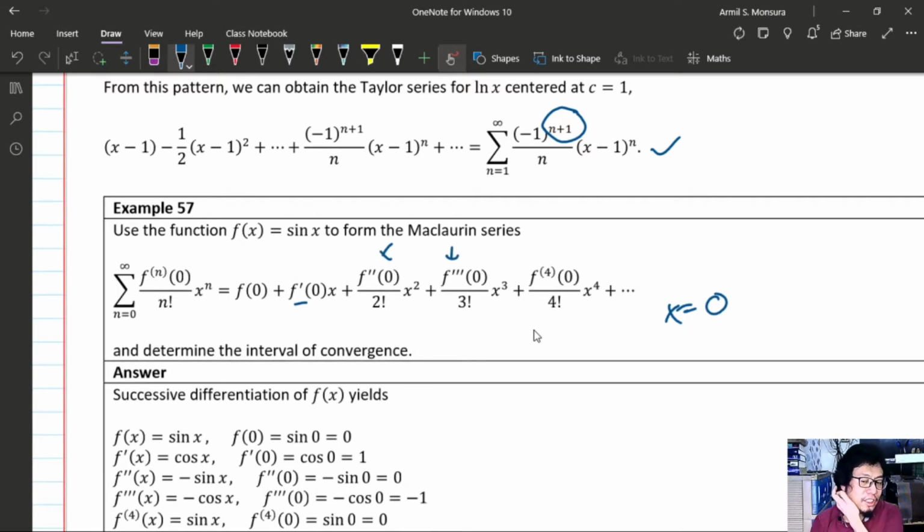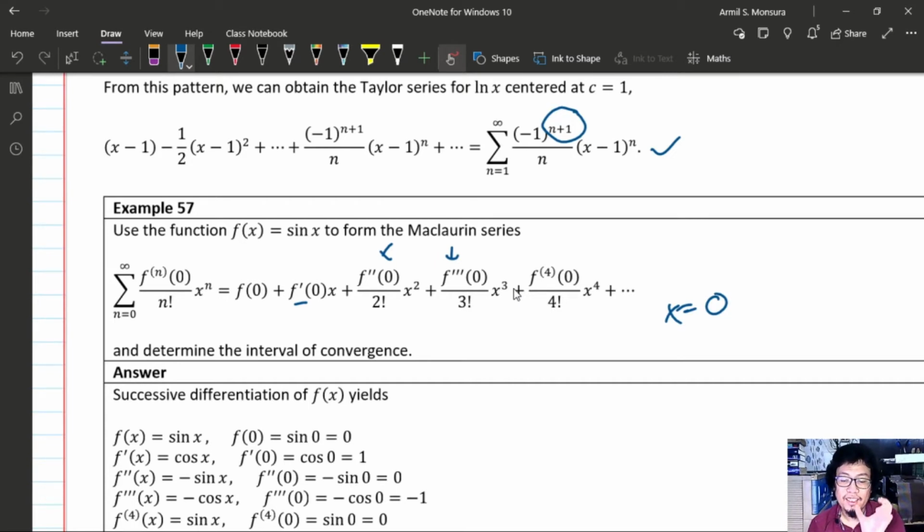The procedure is the same procedure that we have been employing in determining the terms of your Taylor polynomial, with the exception that you have to find a sufficient number of terms to be able to discern a pattern. Finding a Taylor polynomial would require you to find a certain number of terms depending on the accuracy that you would like your approximation to have.